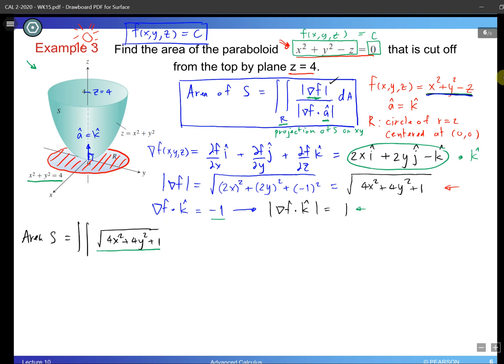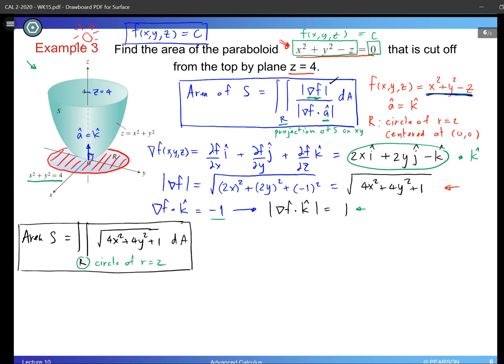So we have this divided by 1, and we don't need that, so let's take that out. Okay, this is gone. We integrate this with respect to differential area over the integration domain R. Let's make a note that this R is a circle of radius equal to 2. And we are supposed to solve this, this one right here. Now everything is ready.